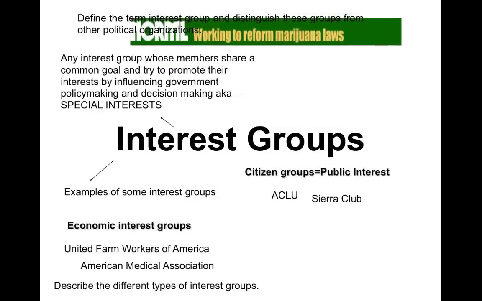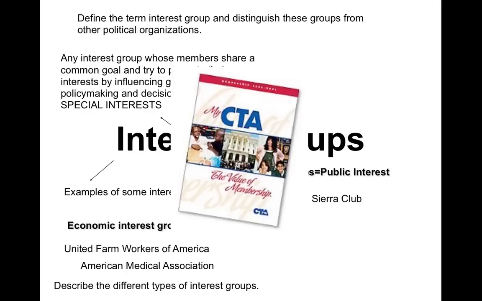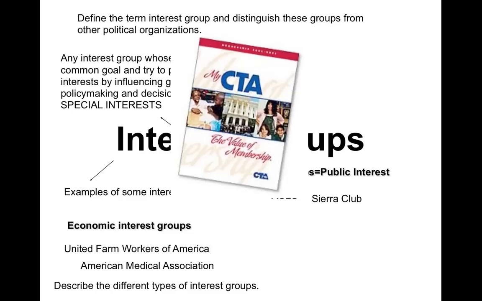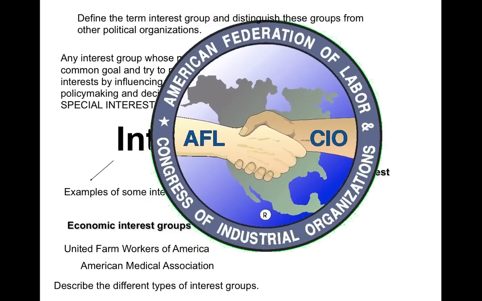You have them, which is a drug advocacy group. You have the California Teachers Association, which advocates on the part of teachers, and obviously our interests, and we like to think education's interests, the students' interests. The American Federation of Labor, the AFL and CIO, Congress of Industrial Organizations.